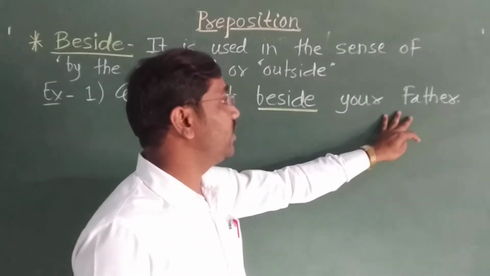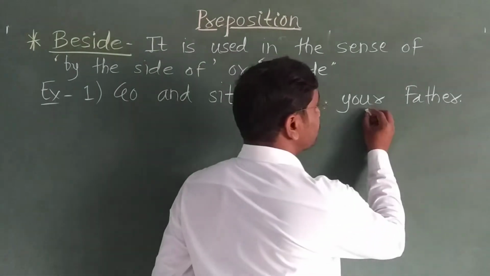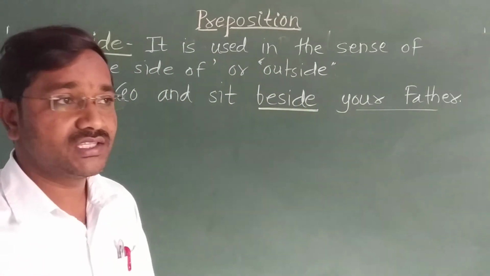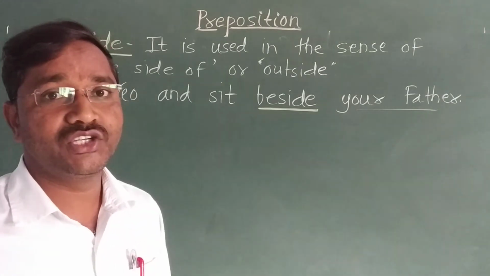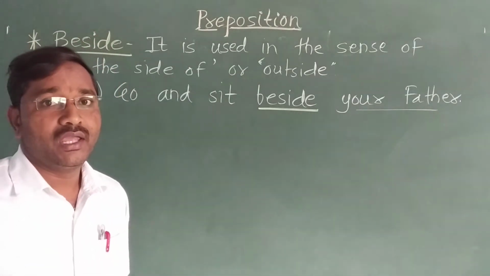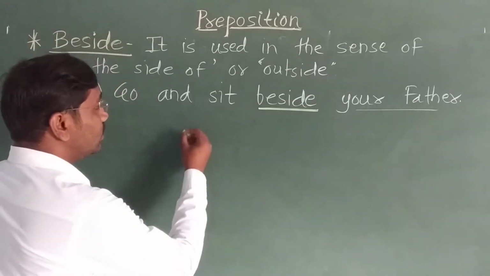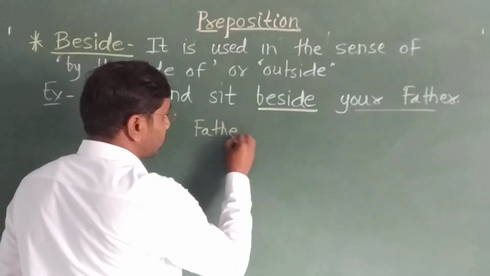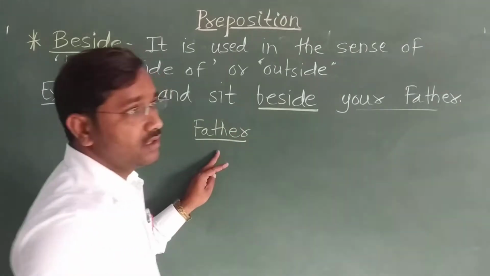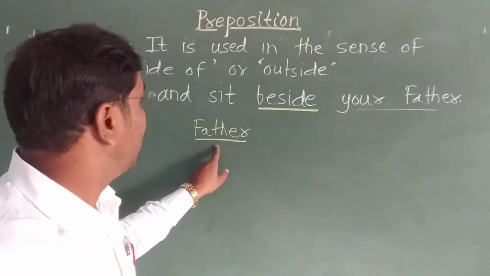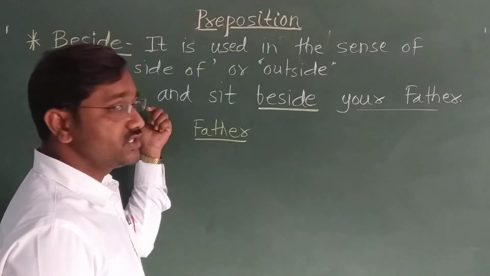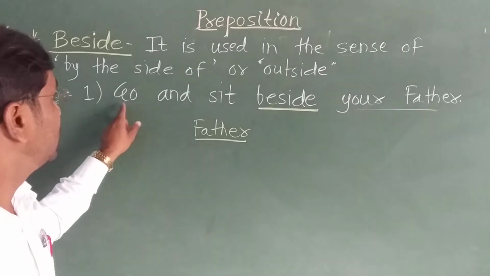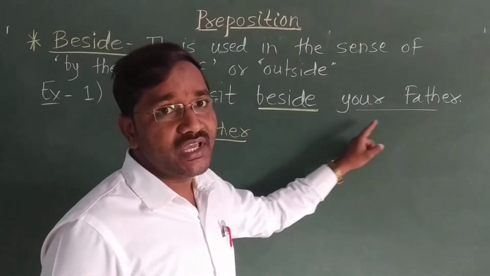In this sentence, your father has sat already at some place, and it may be any chair or any desk. So suppose this is your father, so he has sat at some place, and there is an instruction to you or to your friend that go and sit beside your father.